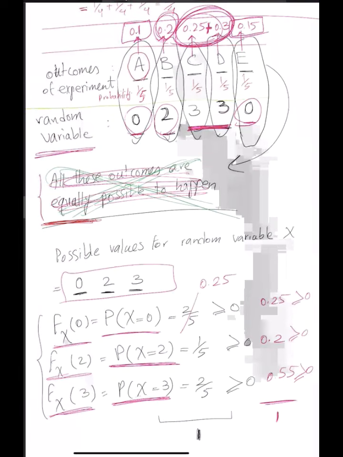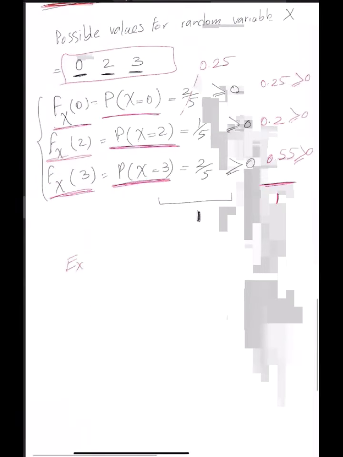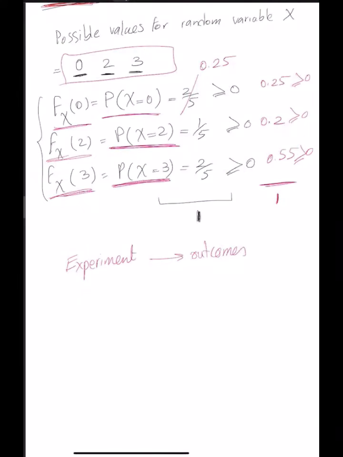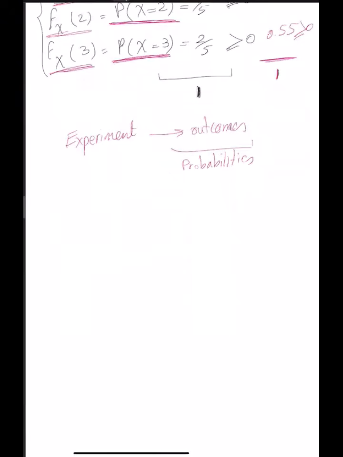So as long as you know the outcomes of an experiment, and you know the probabilities of these outcomes, then all you have to do is to find out what is the definition of the random variable.